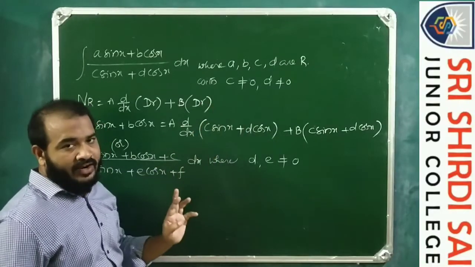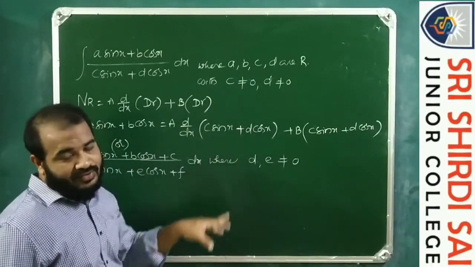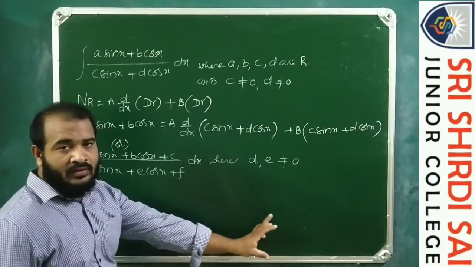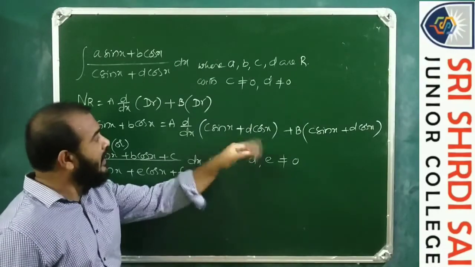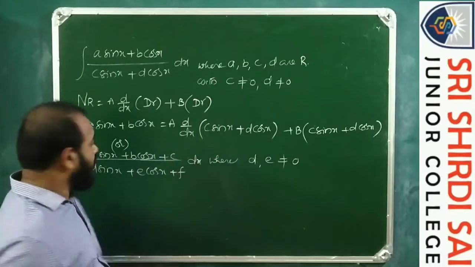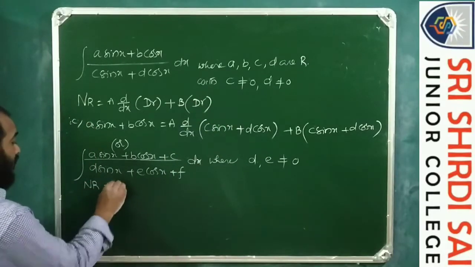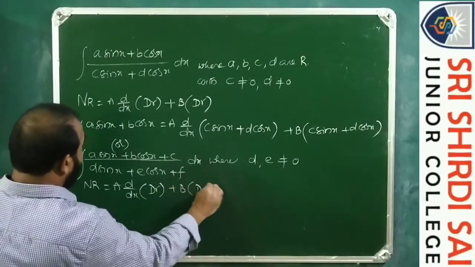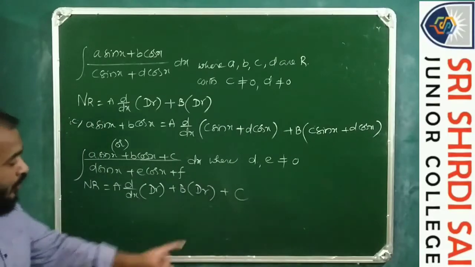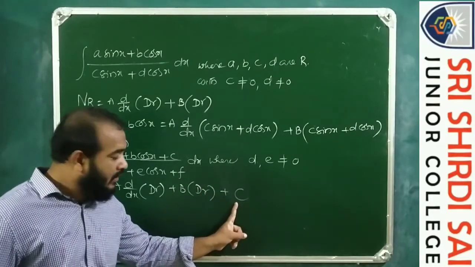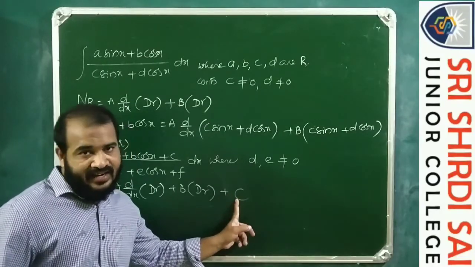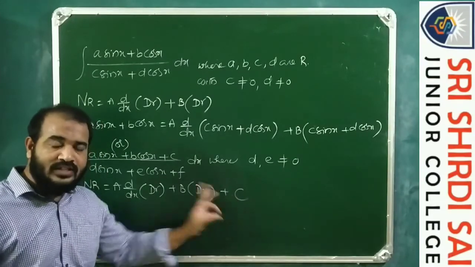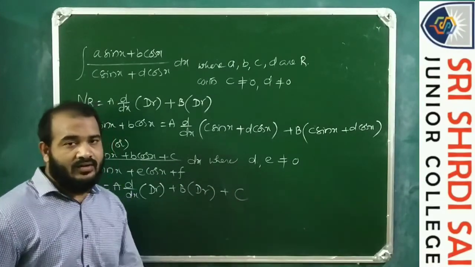It is not the c which we add at the end of the answer as the constant of integration, but another constant. So here numerator is equal to a into d by dx of denominator plus b into denominator plus c, again not the C which we keep adding at the end of the answer. So a, b, c are constants to be evaluated, and proceed further. Thank you.